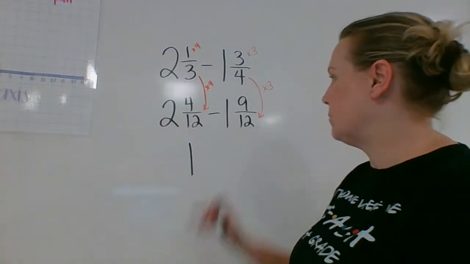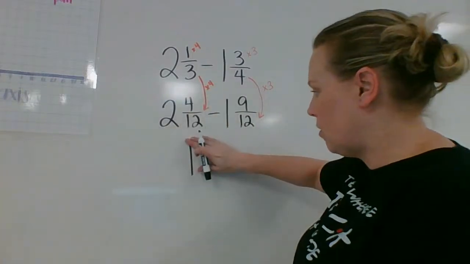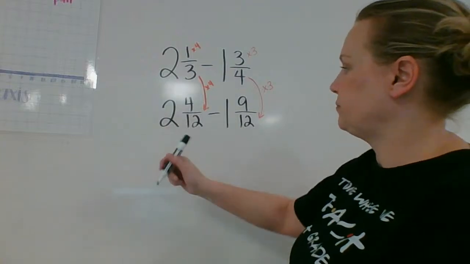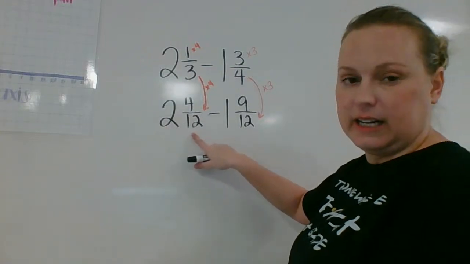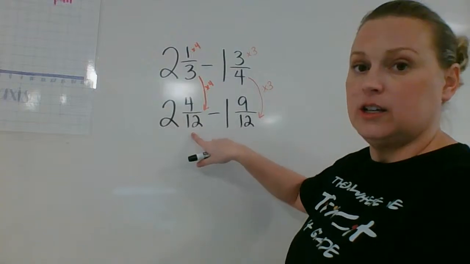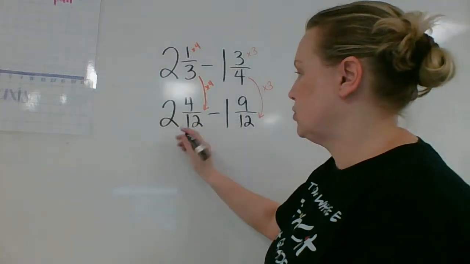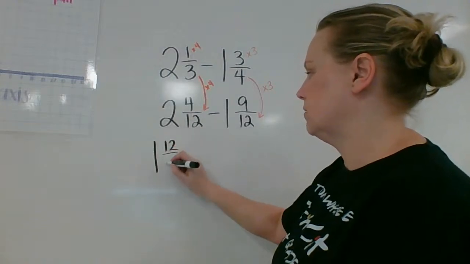We can't do that because if I'm taking away 9, I only have 4. I can't do that. So I actually need to decompose this. If I take away 1 whole, I can add it in its twelfths version to the 4 twelfths that I already have. So 1 whole is the same thing as 12 twelfths.